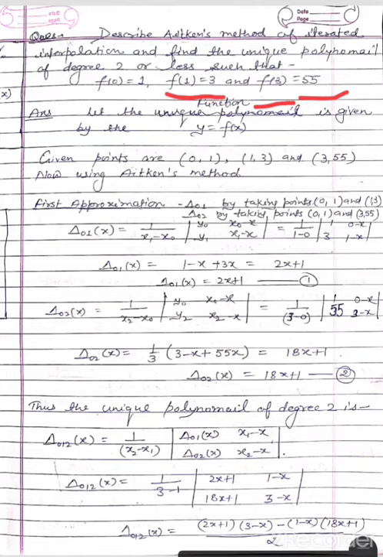Now in the asked example, the Aitken's method of iterated interpolation was described in the previous lecture. Now we focus on finding the unique polynomial of degree 2 or less using the given 3 points.